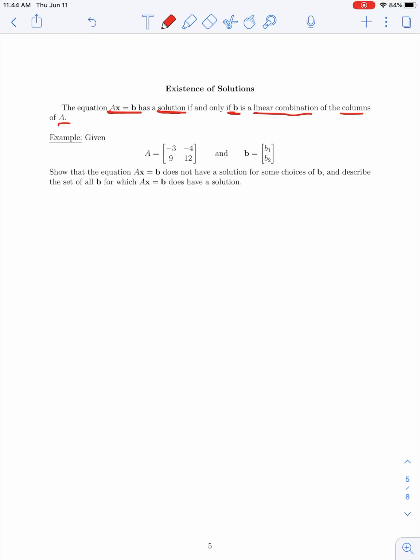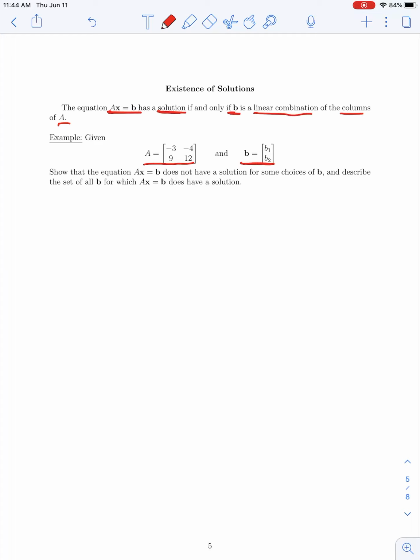So let's consider the question of whether a solution would exist for a given matrix equation. In this next example, we are given a matrix A, a 2 by 2 matrix, and a vector B, some 2 by 1 column vector whose elements are unknown, B1 and B2.